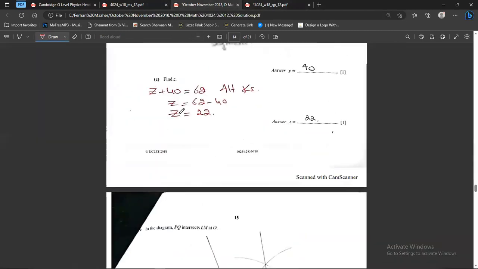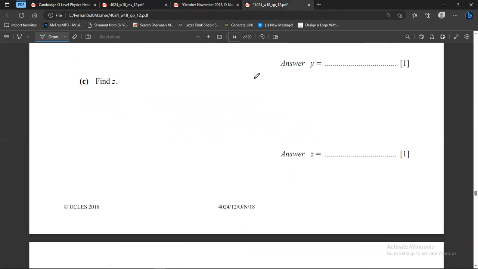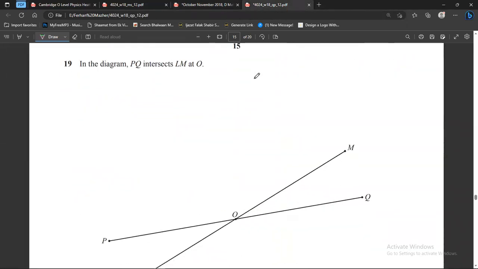So let me reduce the size so you can see the whole question together. So that was question number 18. Now we are on question number 19.